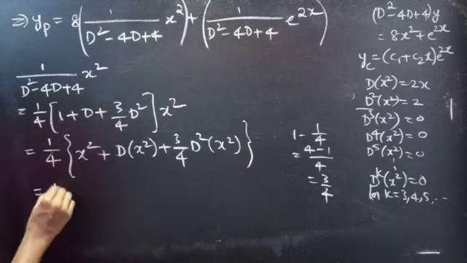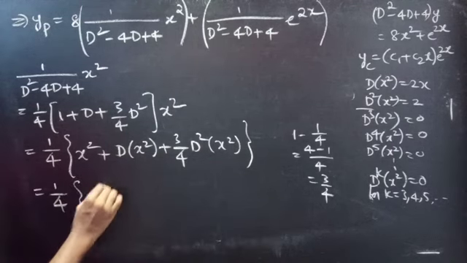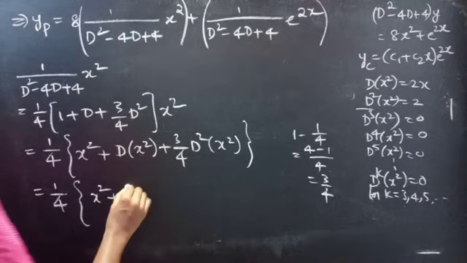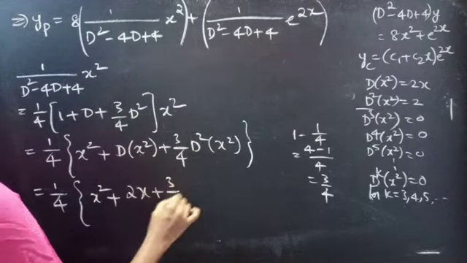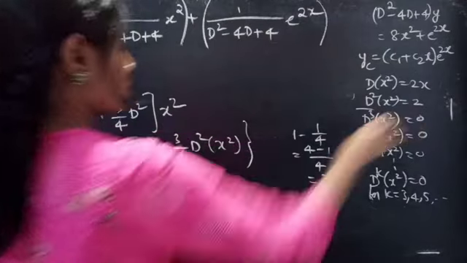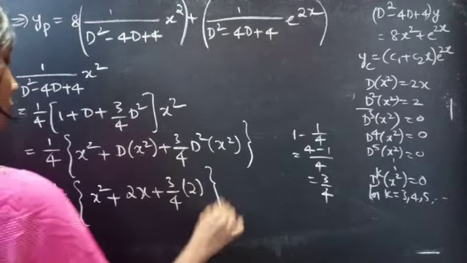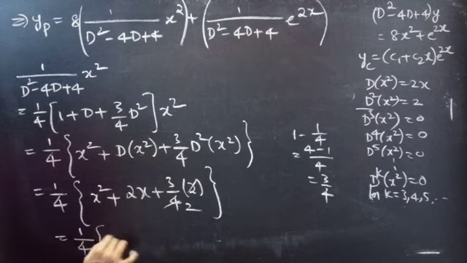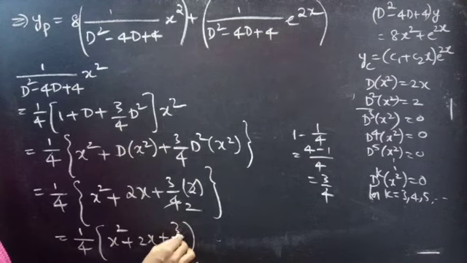This becomes 1 by 4 into x square plus d, derivative of x square is 2x, plus 3 by 4 into d square of x square is 2. 2 ones are 2, twos are... This is equal to 1 by 4 into x square plus 2x plus 3 by 2.